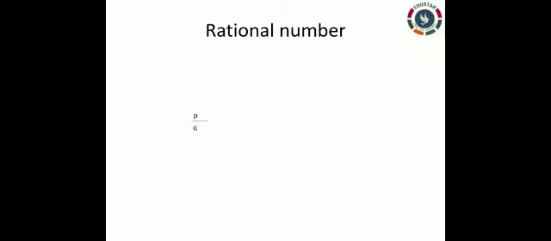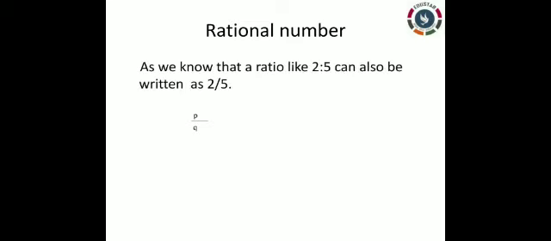Now we are going to learn about what rational numbers are. As we know, a ratio like 2:5 can also be written as 2 by 5.